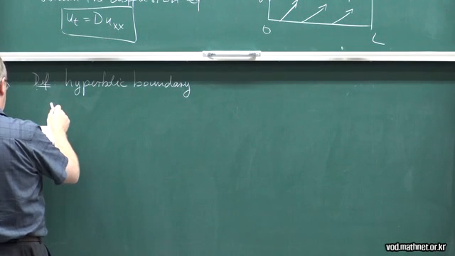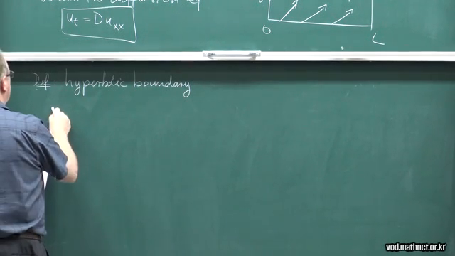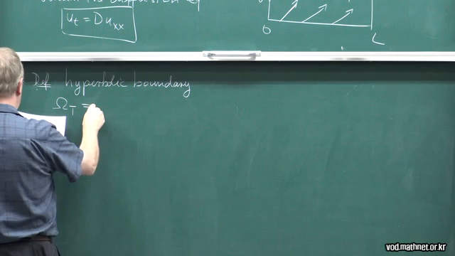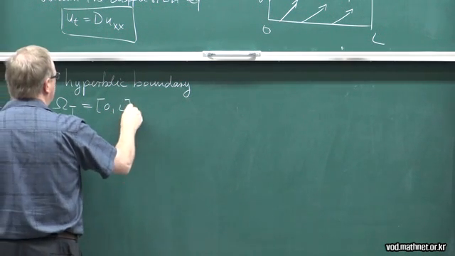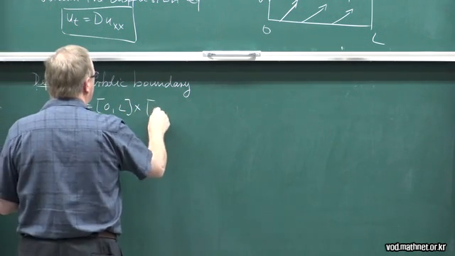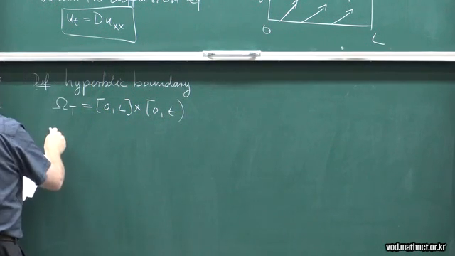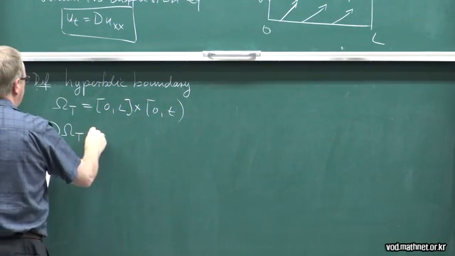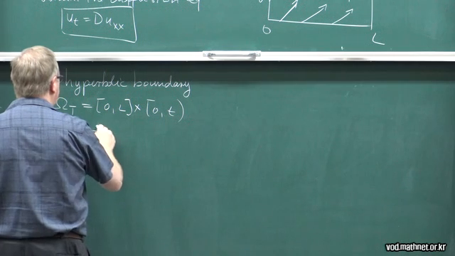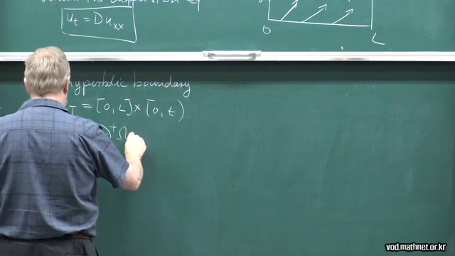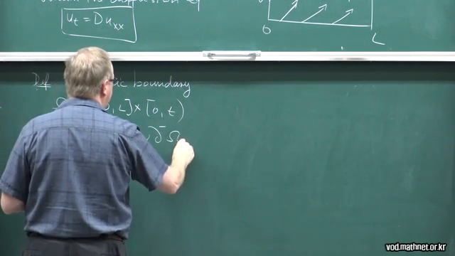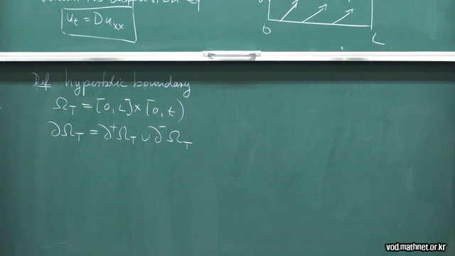Let's say Omega_T, the domain we are interested in, is 0 to L times 0 to T. The boundary of this, which I call the hyperbolic boundary, is delta plus Omega_T union delta minus Omega_T, where delta plus is the part of the boundary where I give side conditions for u plus, and delta minus is the part where I give conditions for u minus.